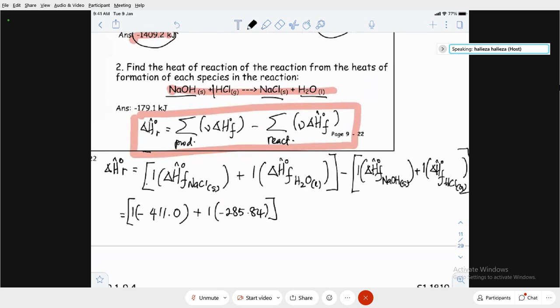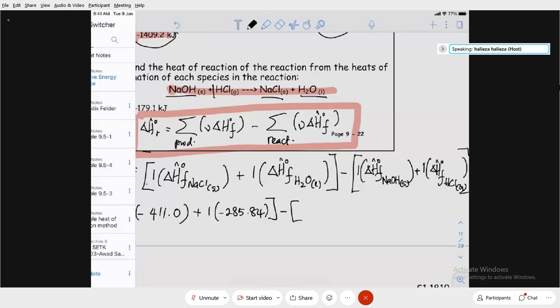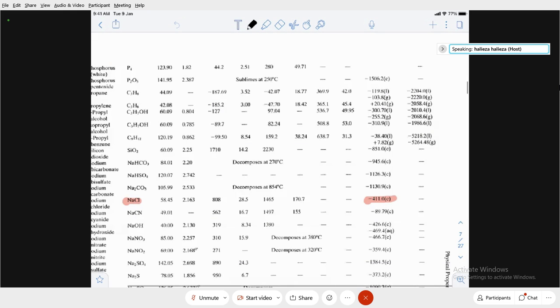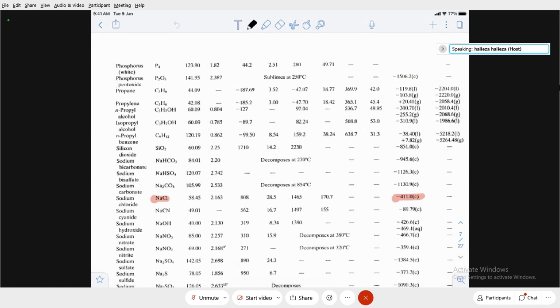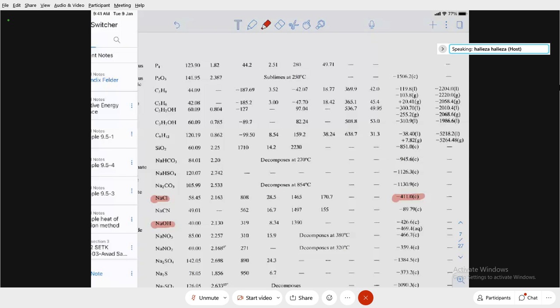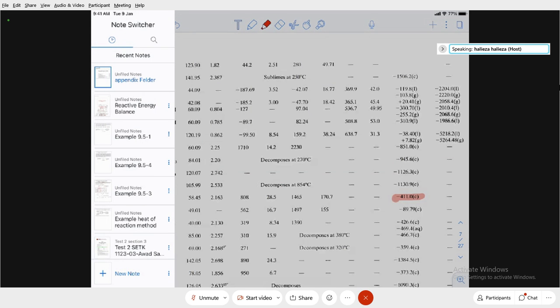So now minus the heat of formation of sodium hydroxide. Again, we need to go to appendix B1, sodium hydroxide. Where is sodium hydroxide? Okay, I need a highlighter. That is sodium hydroxide. So the heat of formation, you have two values over here. We need to check: are we looking at solid or aqueous?